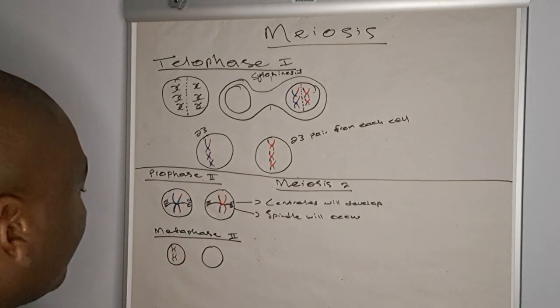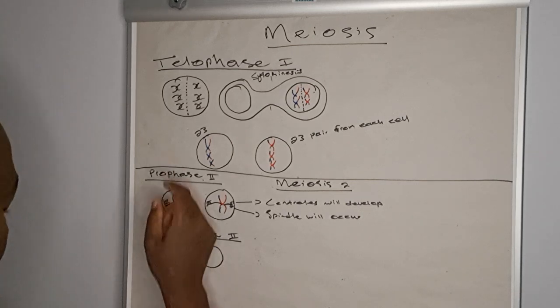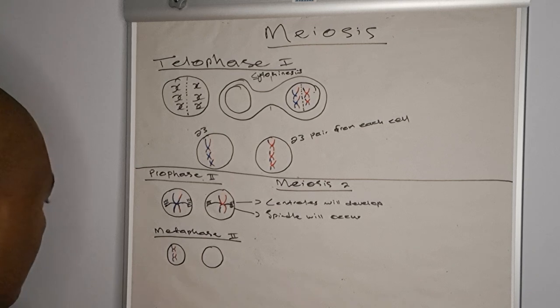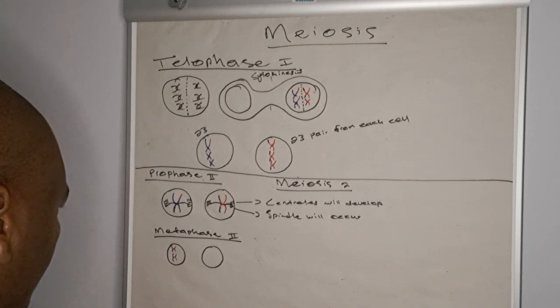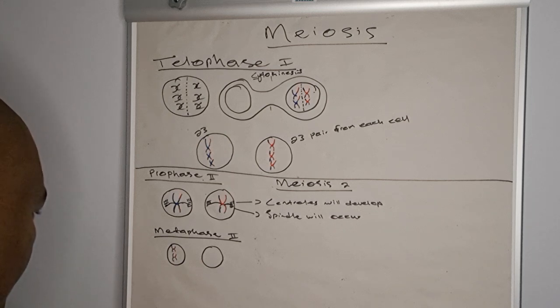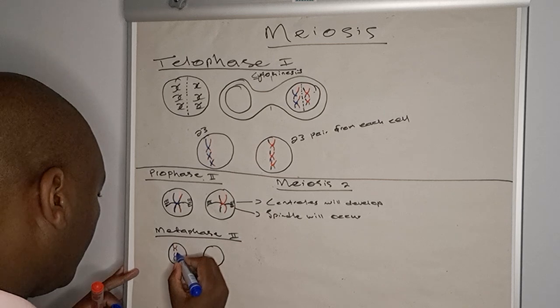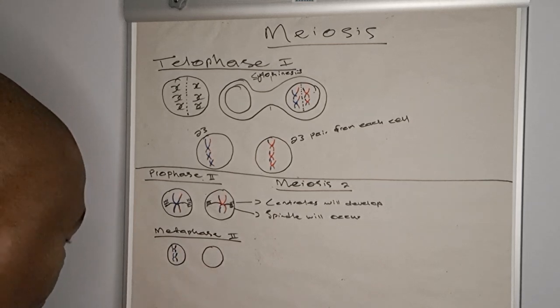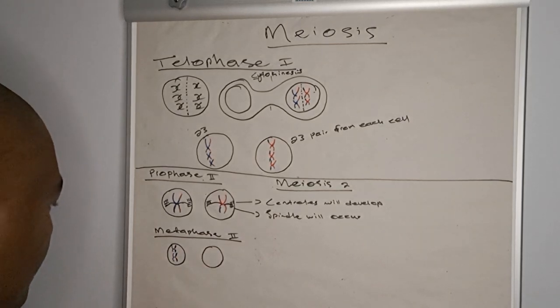This will just line up. Metaphase will just take these things and line them up together. They are, but not like this. Like this. Yeah, like this. Because this is genetic diversity. Ne?